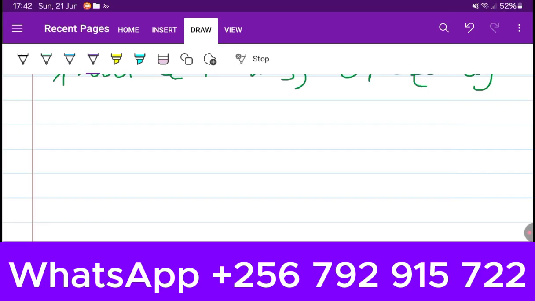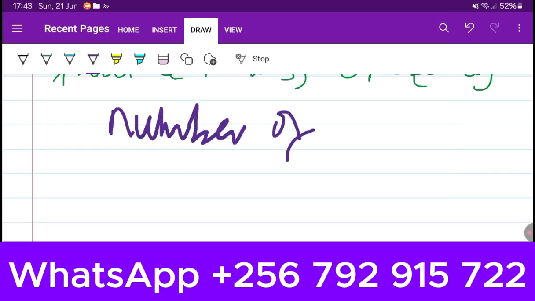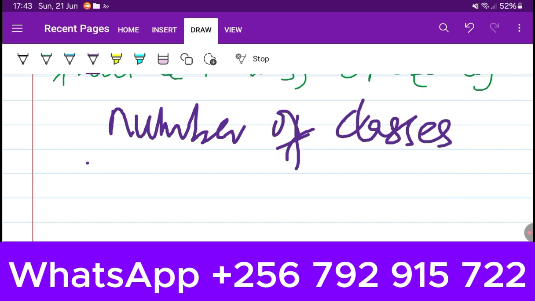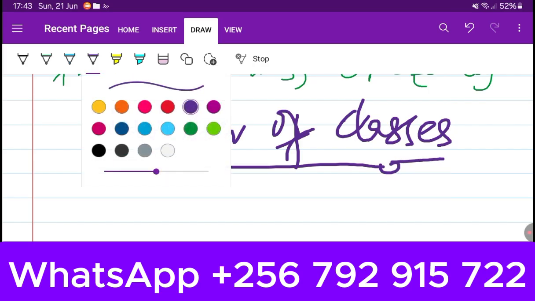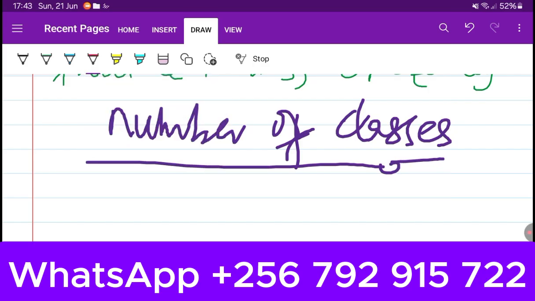But one thing that I need to note is for us to know how we get the number of classes. That step number one, number of classes. At some point you may need to do some small computations just to make life easy for you. How can we be able to compute the classes?